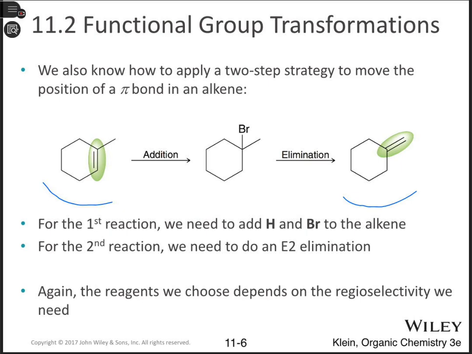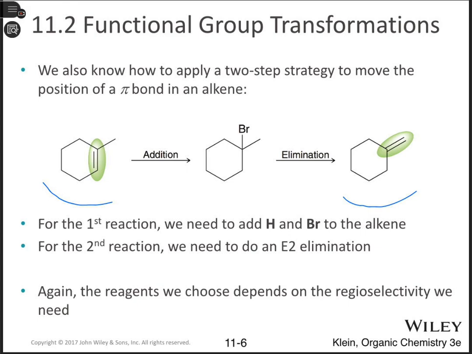That means the number of carbons didn't change. So we don't have to worry about making the molecule bigger or smaller, and I will show you that in a little while. Now, we went from an alkene to an alkene. It's still the same functional group, but we changed its position, right?